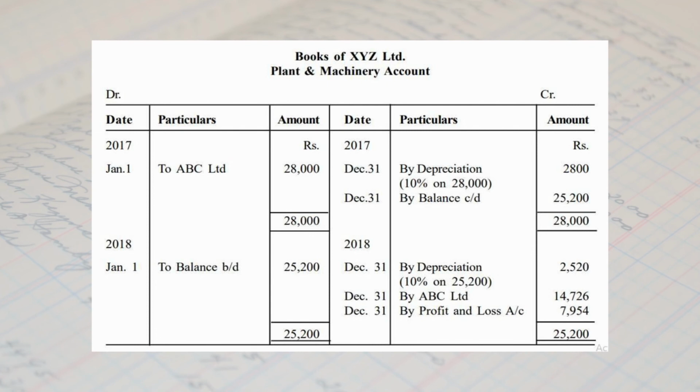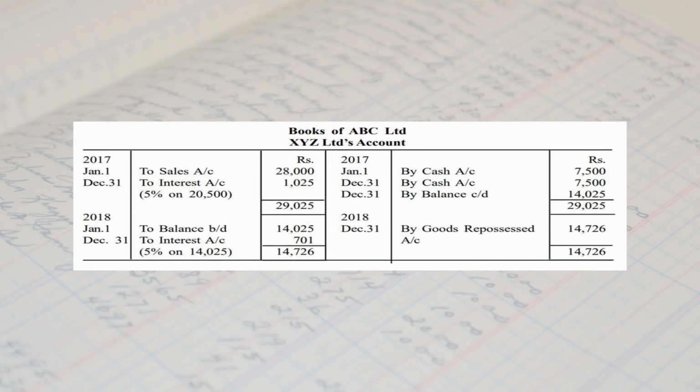Then the next one is now in the books of ABC Limited. It's very simple. ABC Limited is the hire vendor, so the hire vendor will first prepare the hire purchaser's account. Here he made the entry hire purchaser account debit to sales 28,000, and he made the journal entry for the interest, XYZ Limited, that is the hire purchaser account, debit to interest 1,025, because out of 28,000 the down payment made was 7,500.